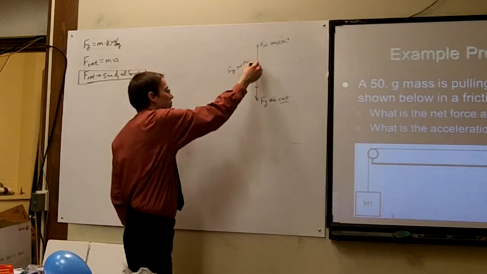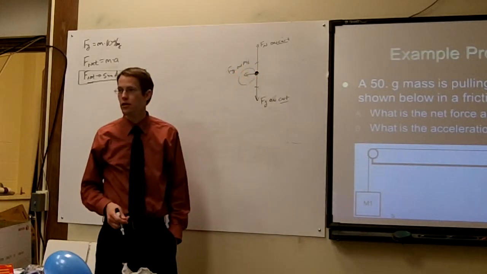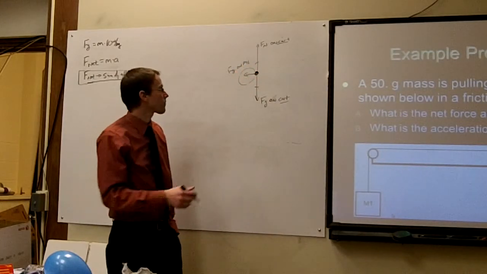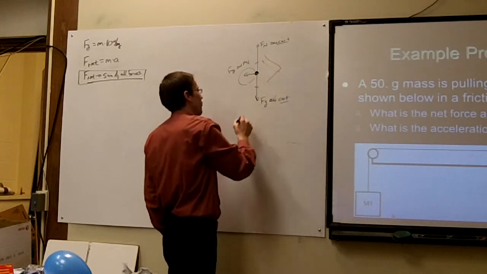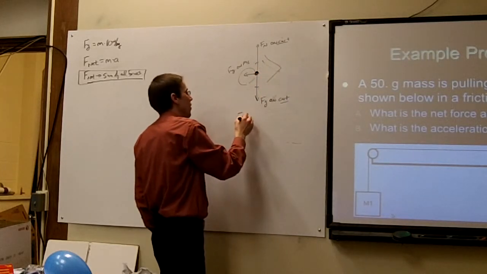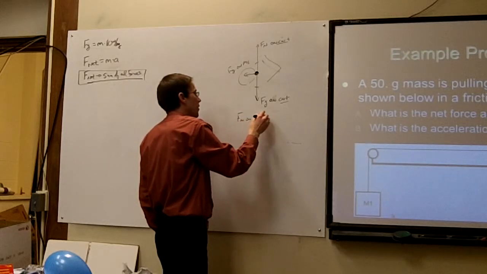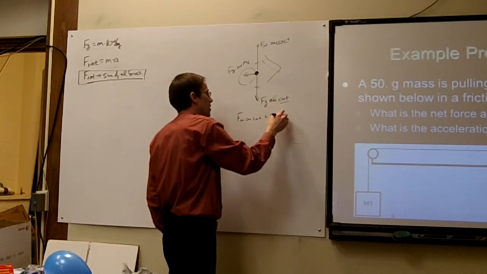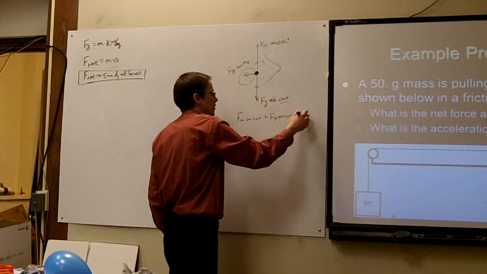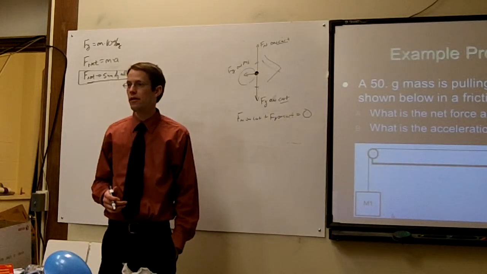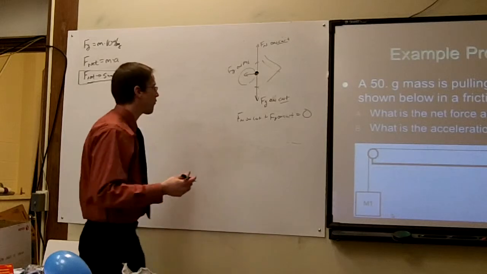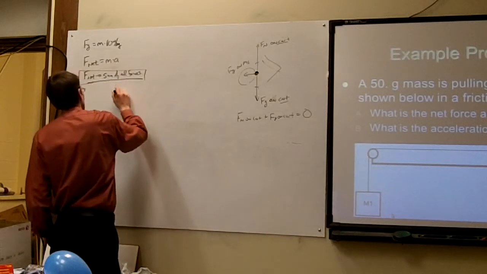So if I add this plus that, what does it get me? 0. Yeah. So force normal on cart plus force gravity on cart gets us 0. Do they contribute to the net force of this system? No. So the net force of the system is equal to what?